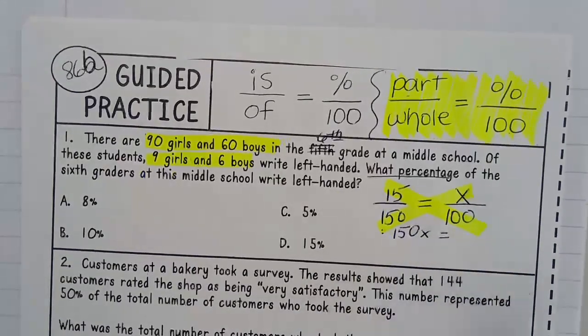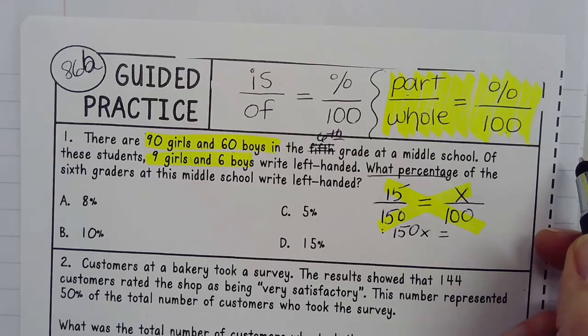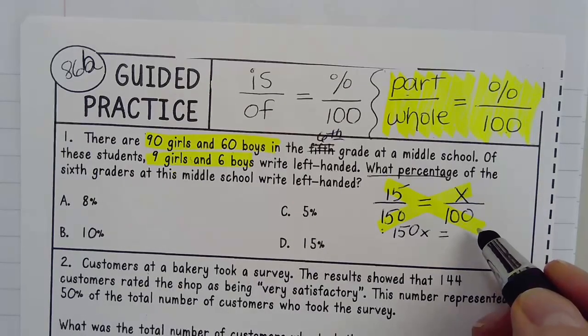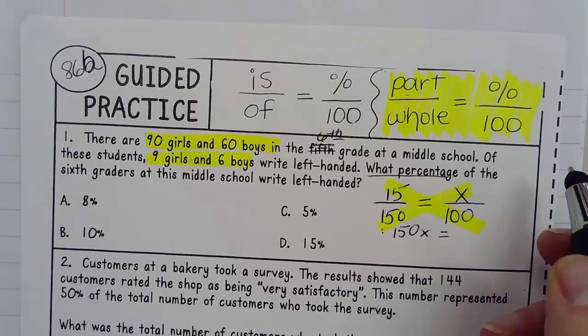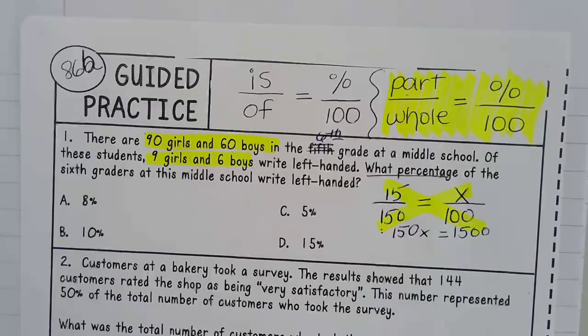What's 15 times 100? I'll let you get to the decimal. You got it? 15 times 100. All right, so we're going to put that. So what we're doing is we're doing a cross, finding the term for that.